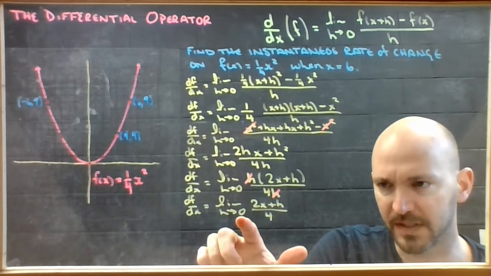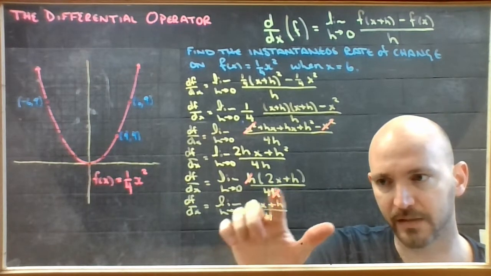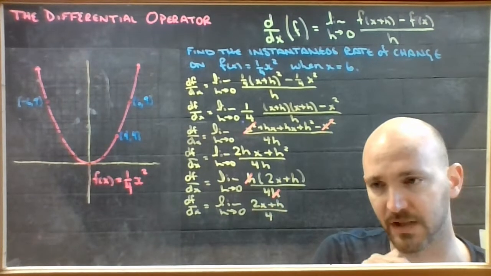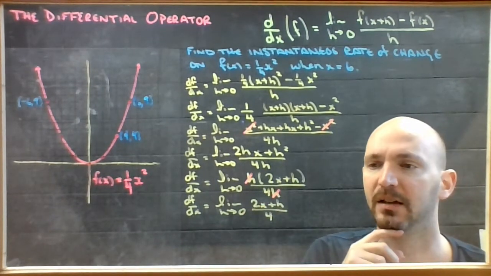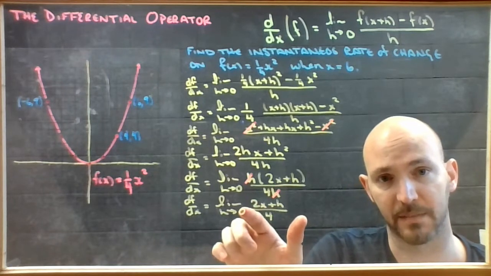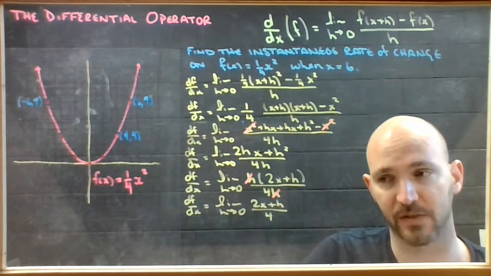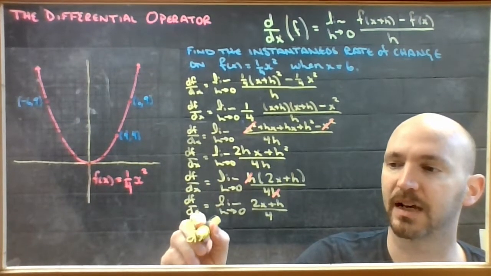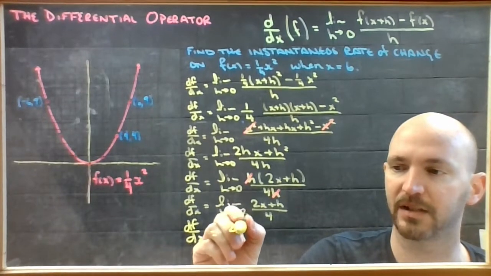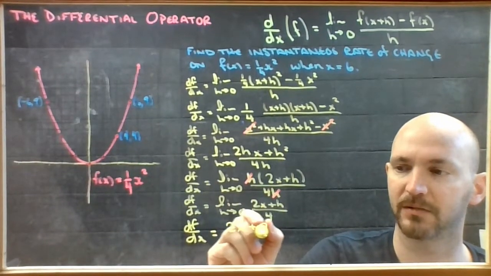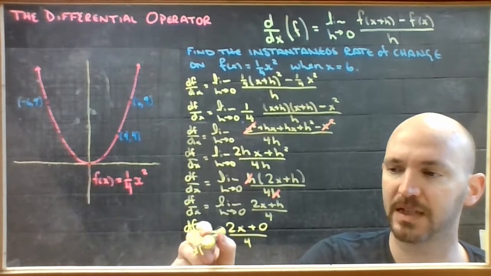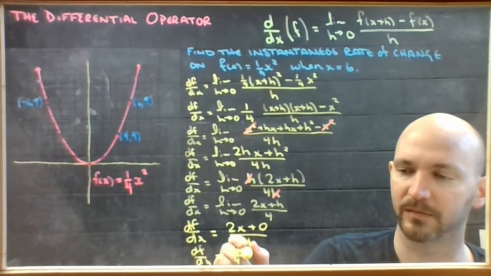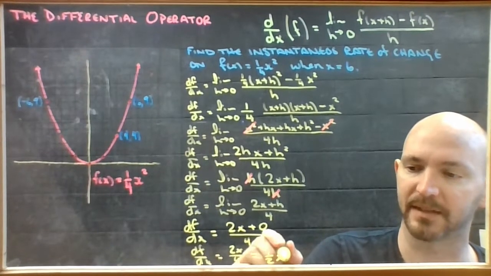So I could put a 0 here, and I'm not creating any problems anymore because the h has been isolated up to the top and as an addition even. So I'm going to evaluate this limit now that I've eliminated the h in the denominator. So I will have df by dx equals, well, the 2x is still here, plus 0 over 4. So df by dx is 2x over 4, which is the same as 1/2 of x.